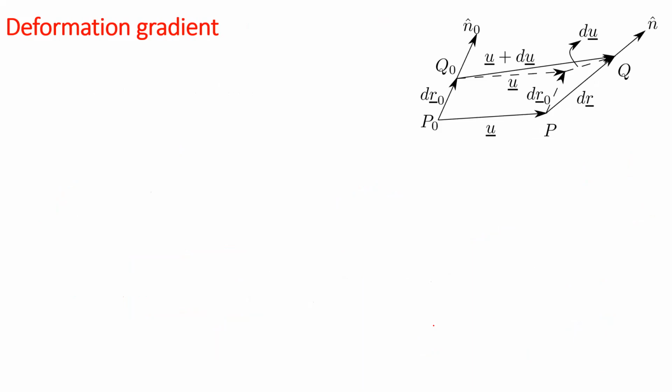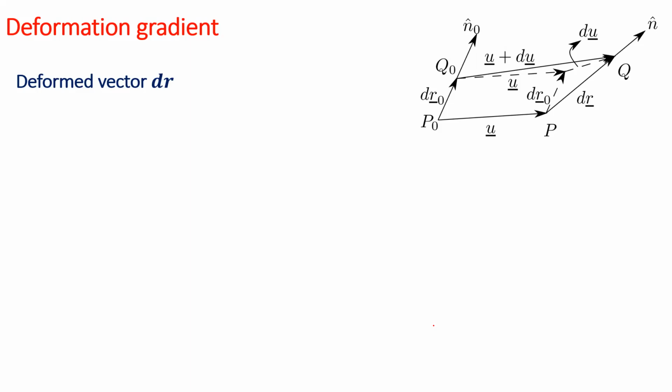We started with displacement gradient, then we defined strain tensor, rotation tensor, then we saw the change in angle and change in length business. And this is the last concept which we will come across, which is deformation gradient. What is deformation gradient? This is the deformed vector dr, which is nothing but PQ.